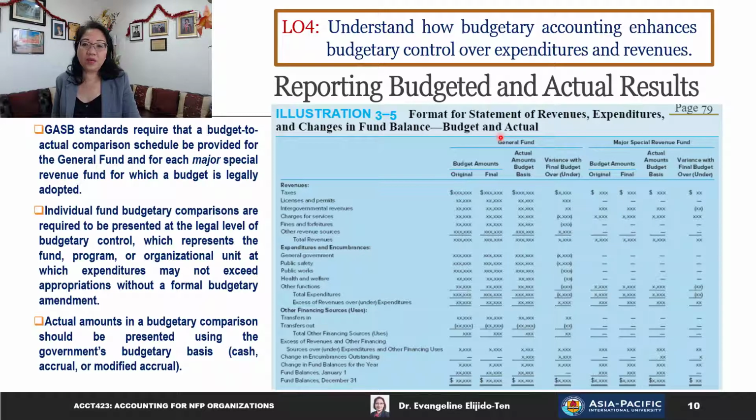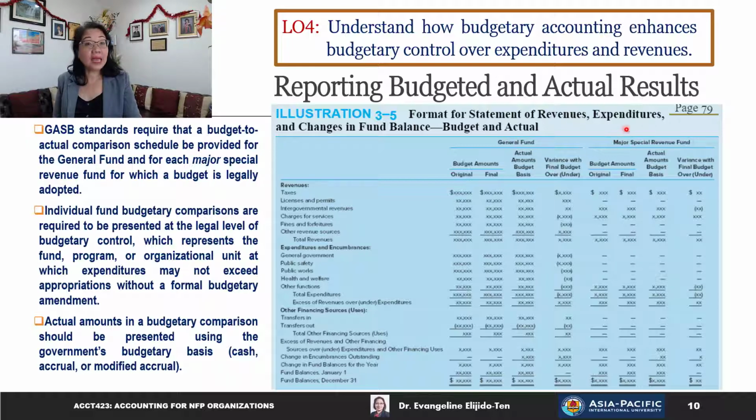So you will see from here, under the general fund, the original budget amounts, the final amounts, and actual amounts. The difference between the final budgeted amount and the actual amounts will be shown in the variance column. So this is under the general fund.